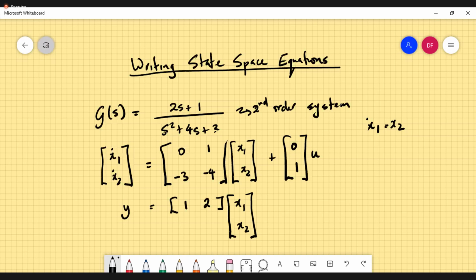The 1 goes with the output, and the 2 goes with the derivative of the output. X2 represents the derivative, which we call the S. That is how I remember to write them down.